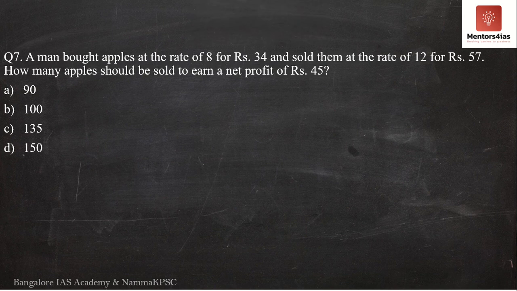So what we will be doing here is assuming the number of apples, because the selling price and the cost price are given for different numbers of apples. The cost price is based on 8 apples for rupees 34, and the selling price is at the rate of 12 for 57.